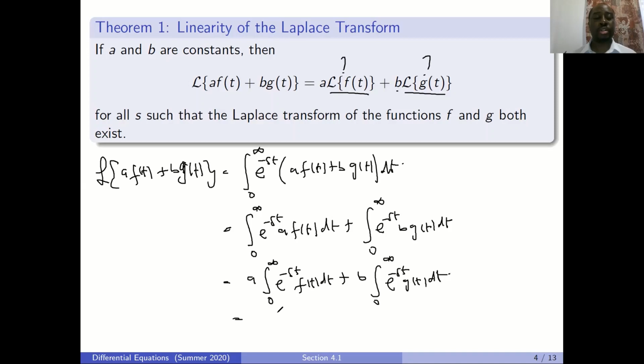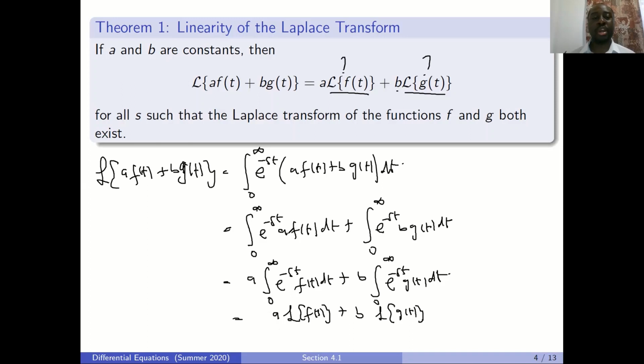And by definition, since the Laplace transforms of f and g exist, we know that these improper integrals converge. And so we have a times the Laplace transform of f of t plus b times the Laplace transform of g of t. And that shows the linearity property here. Okay. Now we're going to use this property to take the Laplace transform of sums of functions.